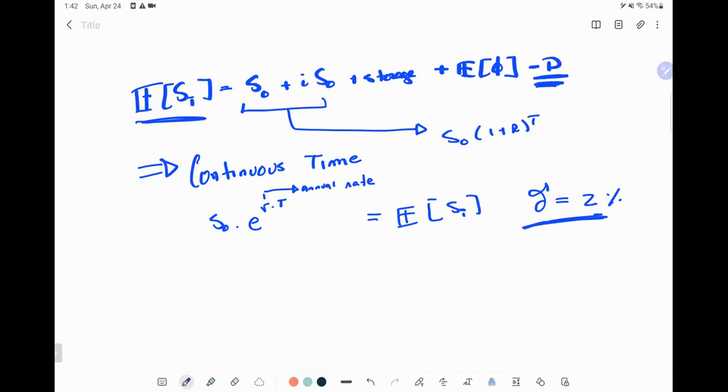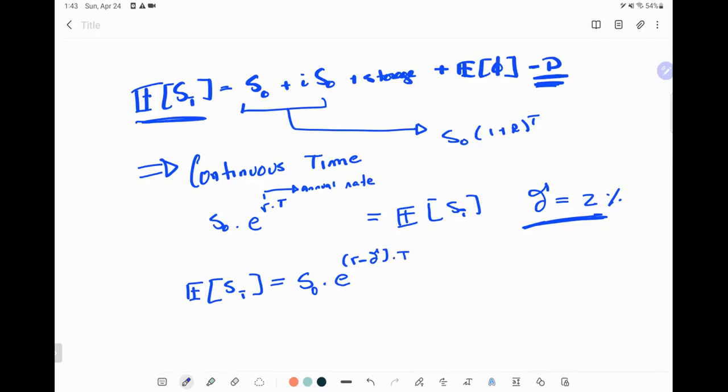So the expected value of the stock price at expiration, which is the same as the forward price, we look at this way: S0, the spot price of the index, multiplied by exponential of R, the rate, minus this delta, multiplied by time.